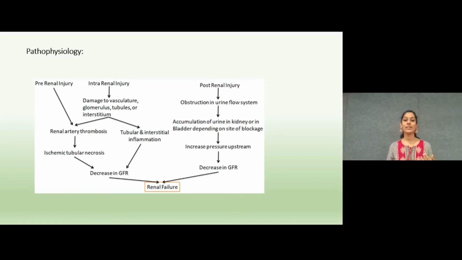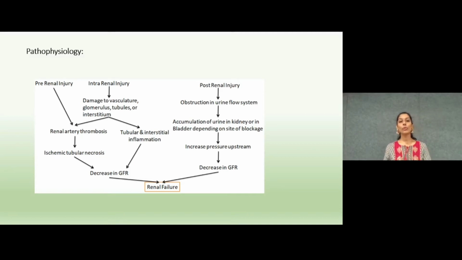And in pre-renal injury, there can be two reasons. It can cause renal artery thrombosis or it can lead to tubular interstitial inflammation, right? Both of these cause a decrease in GFR, that is glomerular filtration rate, which causes renal failure, right?